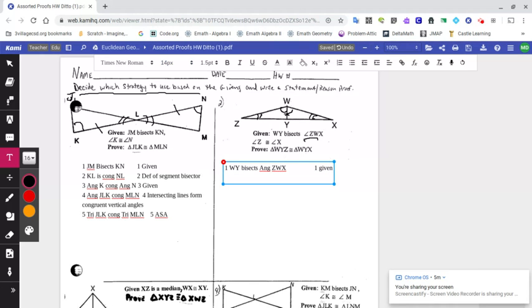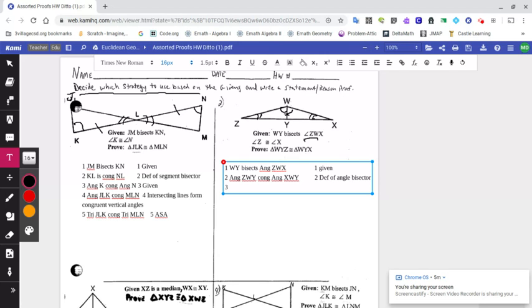Given. Two, because of that, I can say angle ZWY is congruent to angle XWY. That is by definition of angle bisector.